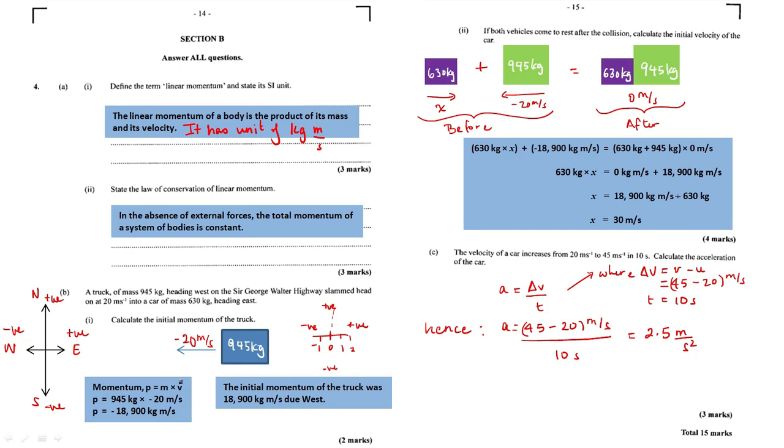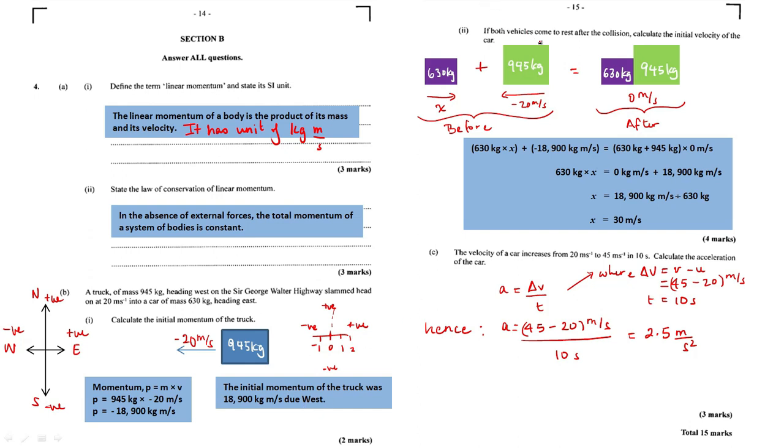We get rid of the negative sign and write out what it means: the initial momentum of the truck was therefore 18,900 kilograms meters per second due west. Momentum is a vector quantity, so you have to take into account the direction the object is moving. We have size and we have direction.